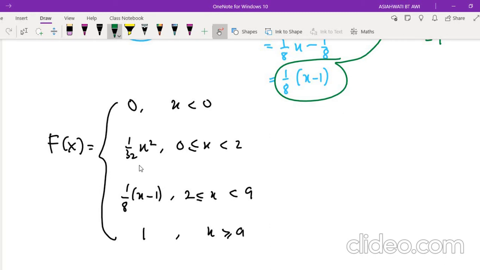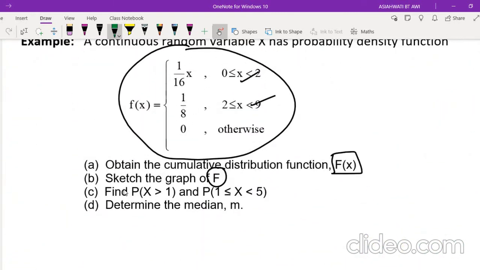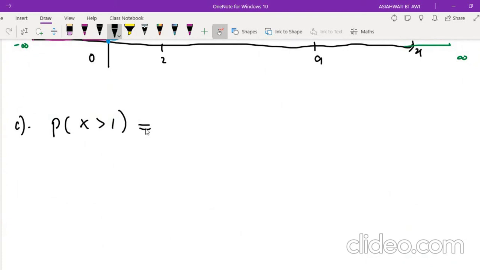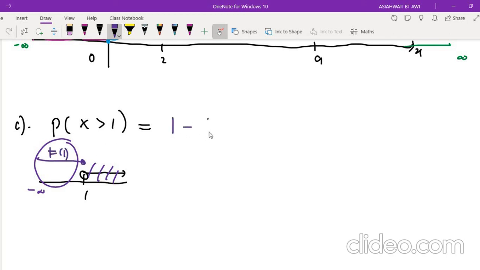You have two methods; you could use the density function to find this probability, but now we're going to use the cumulative. For X more than 1, on the number line we want the region more than 1, but the cumulative starts from negative infinity up to 1. So it is 1 minus this part: 1 minus P(X less than or equal to 1), or 1 minus F(1).